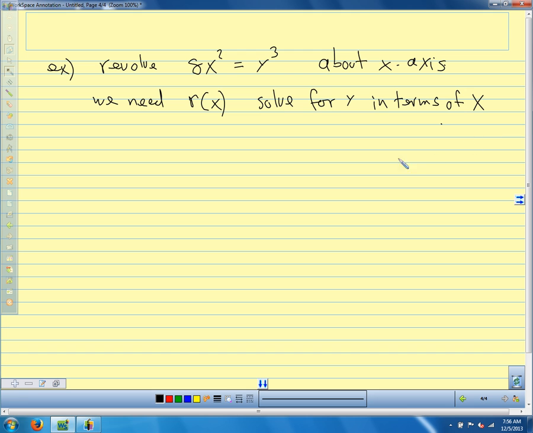We want y in terms of x. So we get y equals 2x to the 2/3. So that's going to be our radius function. That's going to be our generating curve.